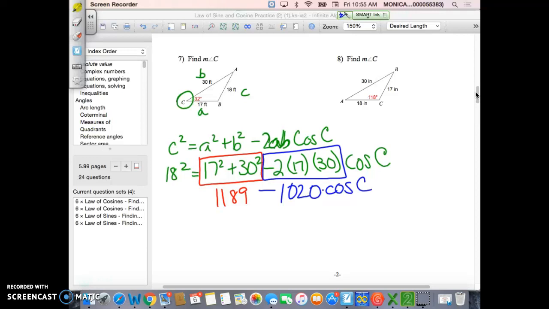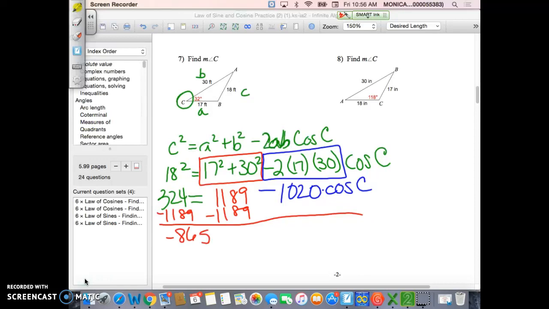So over here, remember, I still have 18 squared. And I believe 18 squared is 324, but let's double check. Sure enough, it's 324. Okay, so the first thing I'm going to have to do is subtract 1189. And I'm going to get a negative, but that's okay at this point. So 324 minus 1189 equals negative 865.